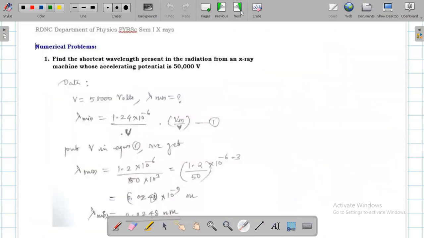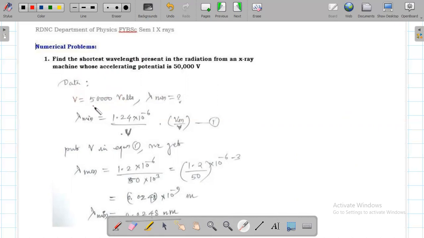Then numerical problems. Find the shortest wavelength, that is lambda minimum. Formula for lambda minimum is equal to 1.24 into 10 raised to minus 6 upon V. From this example, we have exciting potential of about 50,000 volts.